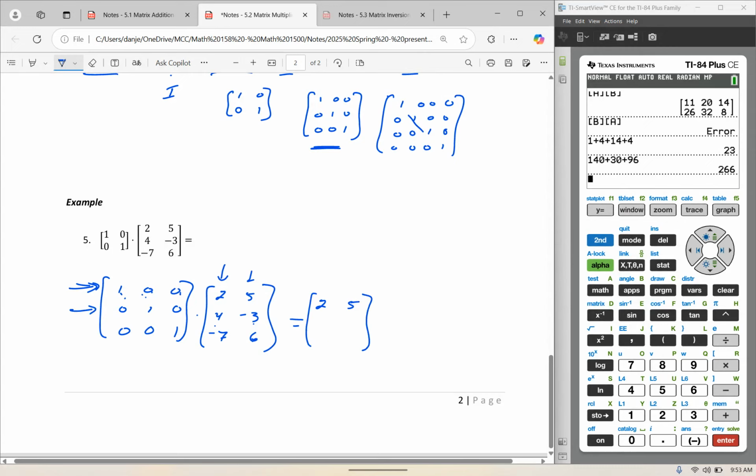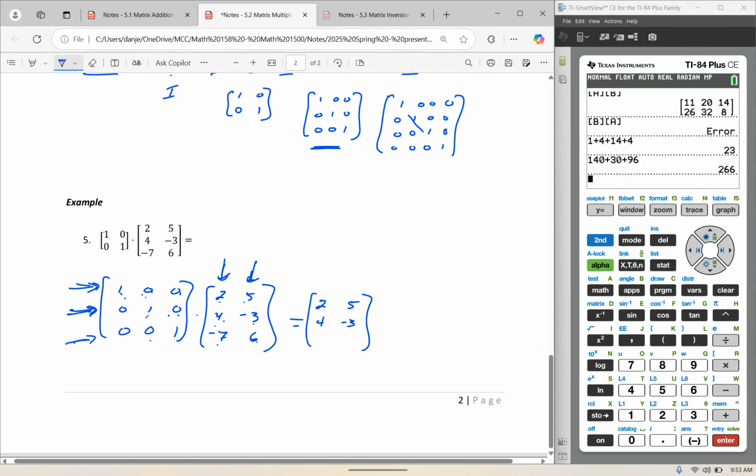Now when I multiply the second row times the first column, we do 0 times 2, 1 times 4, 0 times negative 7. Notice that we only have the 4. Second row times the second column, 0 times 5 is 0, 1 times negative 3, 0 times 6 is 0.